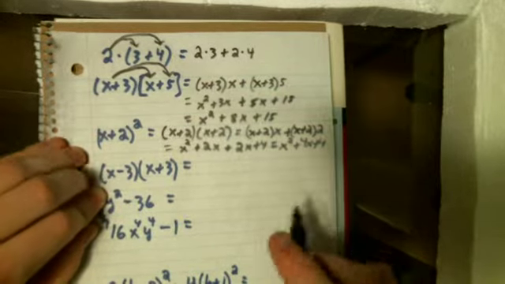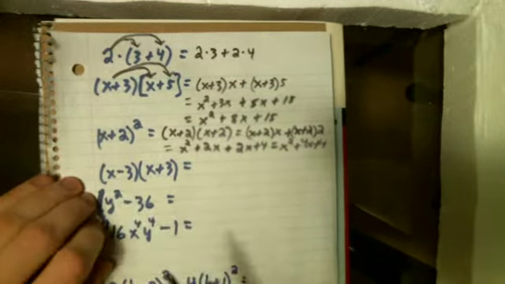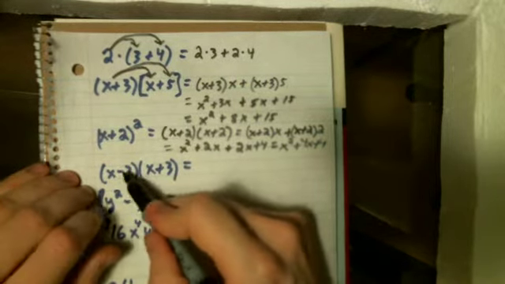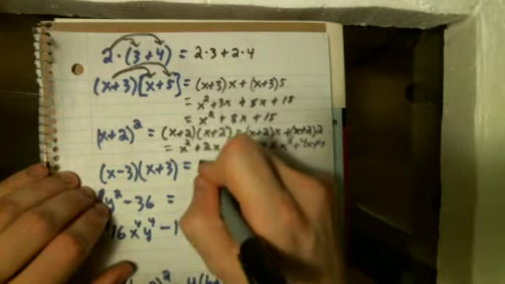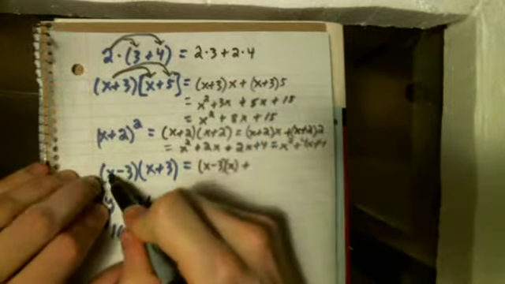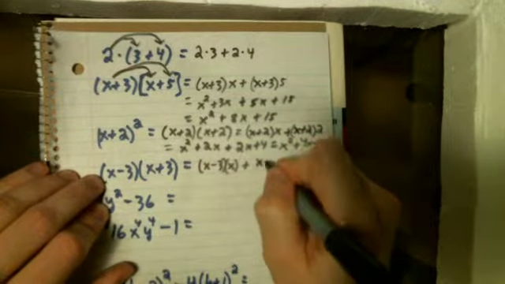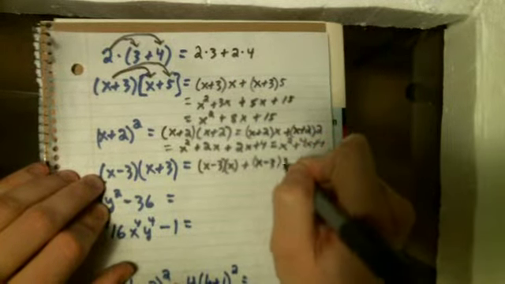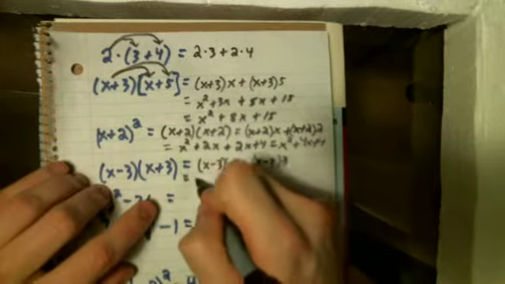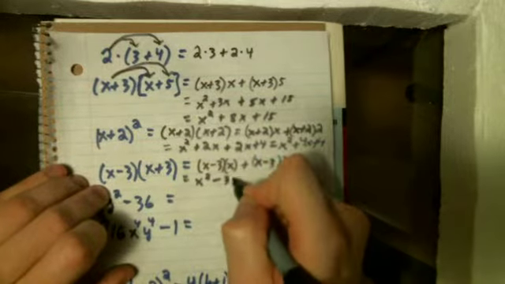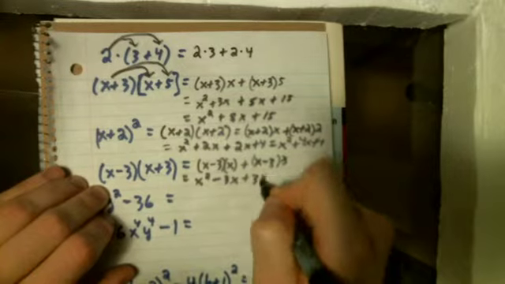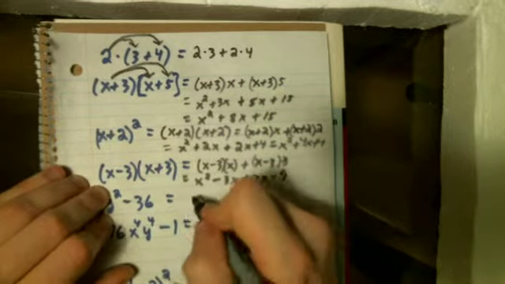All right, now let's look at this next example. (x minus 3) times (x plus 3). So when I do this, again, same process. (x minus 3) times x plus (x minus 3) times 3. And now when I expand, I get x squared minus 3x plus 3x minus 9.